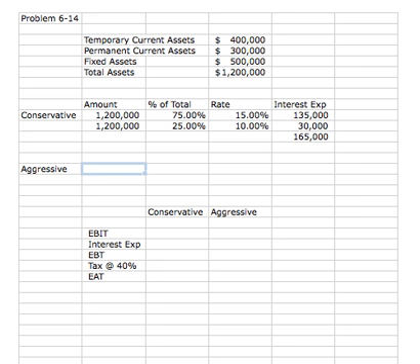Now under the aggressive approach, it looks like only 56.25% of assets will be financed by long-term sources. So again, our total asset base is 1,200,000 for both options, and we're going to only finance 56.25% of our total asset base with long-term sources, so that's at 15%.